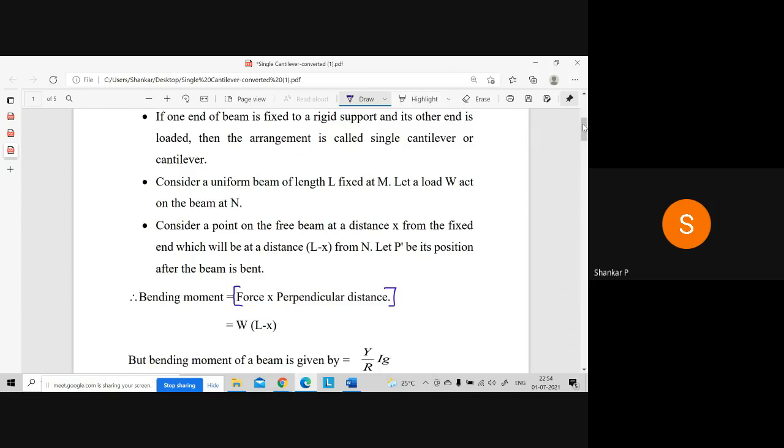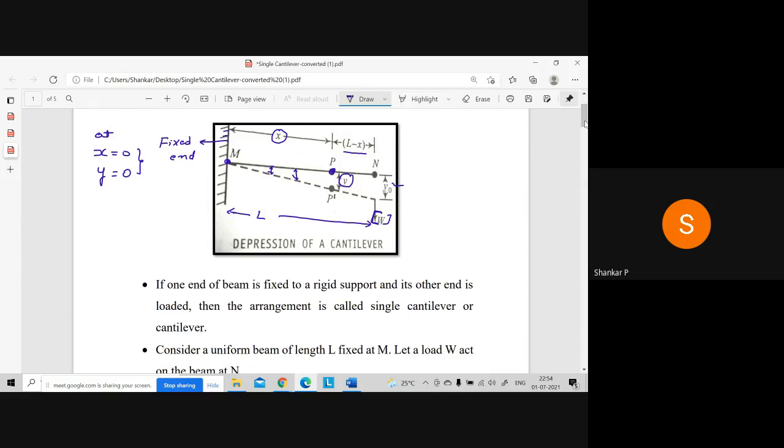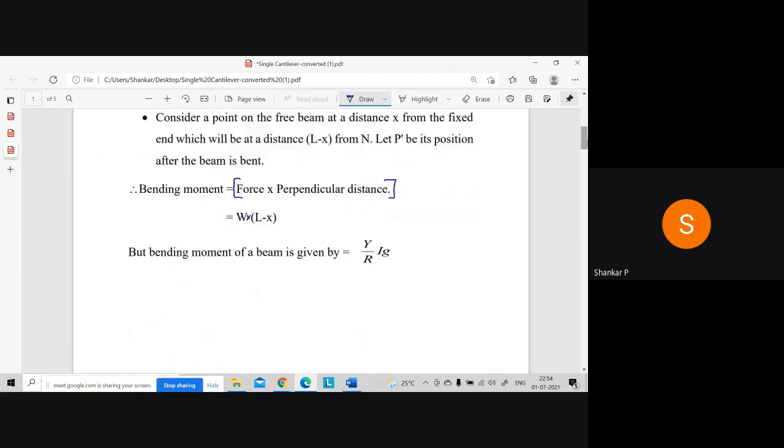In this case, the force is W, the load that we have suspended, and the perpendicular distance is the distance of the point P from the loaded end, that is L minus x. So the bending moment can be written as W into L minus x using the general formula.